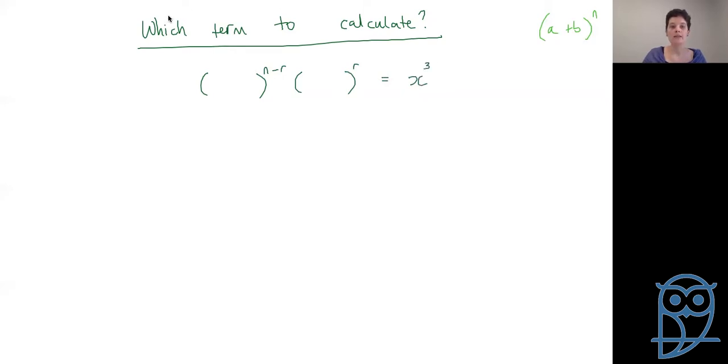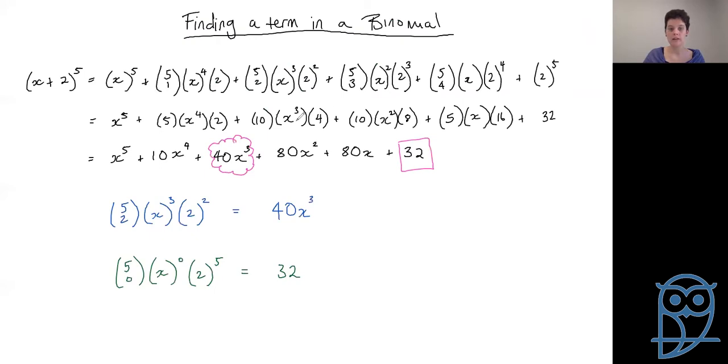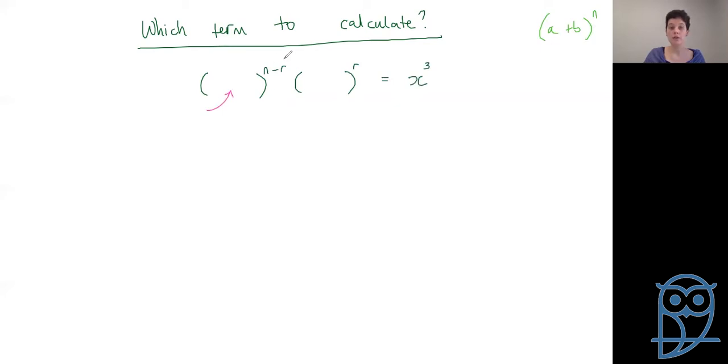If we had an x in this a position, the x and its exponent, when we do that calculation, so if we had x squared here, we would have x squared cubed. So we're always raising that x with exponent to the power n minus r every time we calculate this. So this would be any x in the a position.